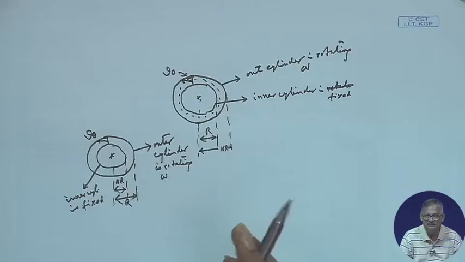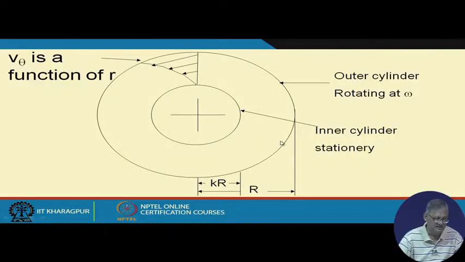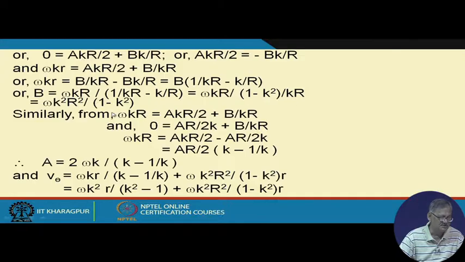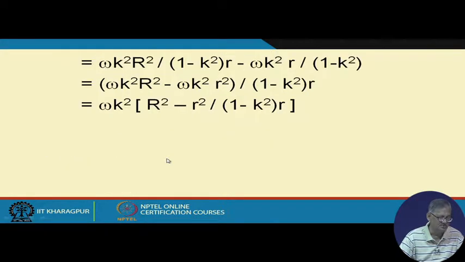Let me show you first what our earlier solution was. V theta was omega k square into (r square minus R square) divided by (1 minus k square) into r.